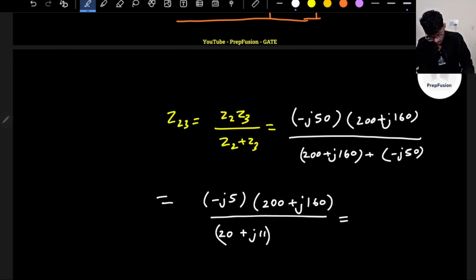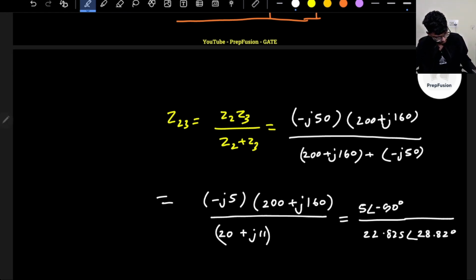Okay, so let's convert everything into their phasor formats, polar formats basically. This will be the square root, 22.825, and the angle will be tan inverse of 11 divided by 20, 28.8 degrees. This will be minus j only, so basically 5 angle of minus 90.